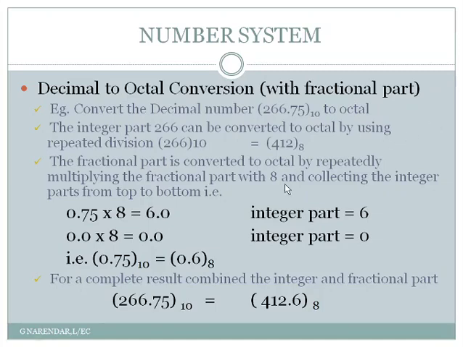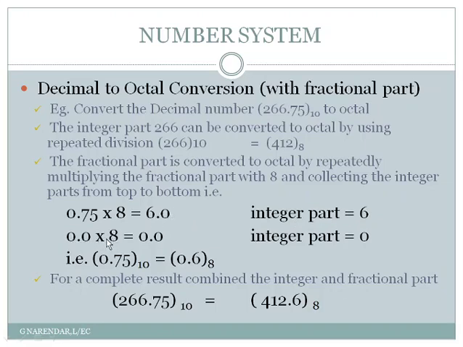Here, as illustrated, 0.75, the fractional part, multiplied by 8 gives the result 6.0. From this, you separate the integer part, which is 6. After separating the integer part, what remains is 0.0.